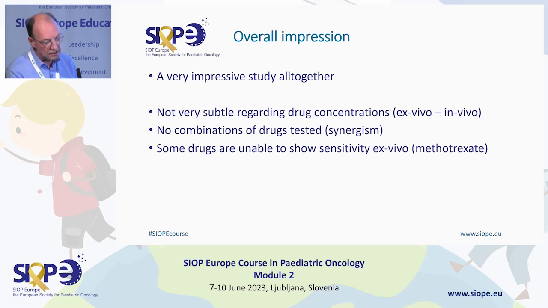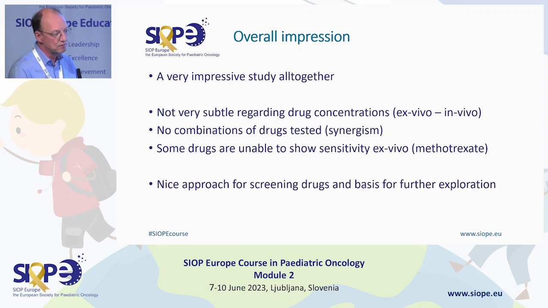I'm interested to hear from Bob what his impression is on publishing such a study. I think it has to do with the entirety of what they did in such a large sample of patients. So my final conclusion is that it is a very nice approach for screening drugs especially, and it's definitely a basis for further exploration.